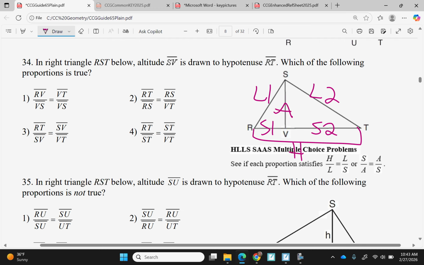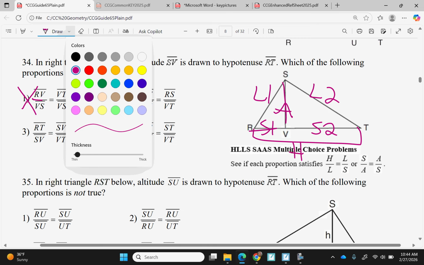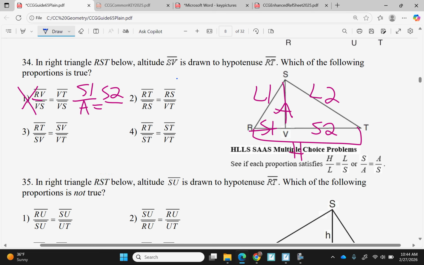So I'm going to start with choice 1, RV. RV is S1 over VS is A. So far it looks like it could be Sass, equals VT is S2. So I'm going to stop right there. That's not correctly subbing into Sass. That's not correct. Choice 2, RT.